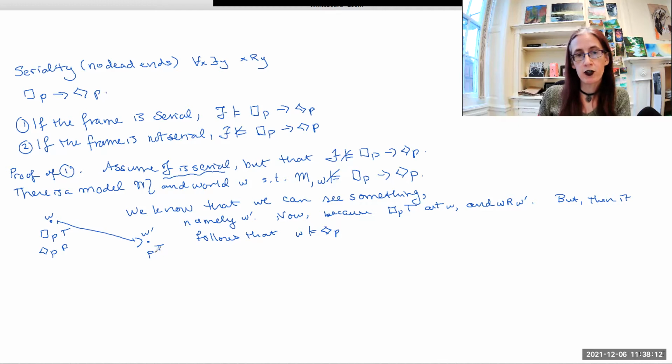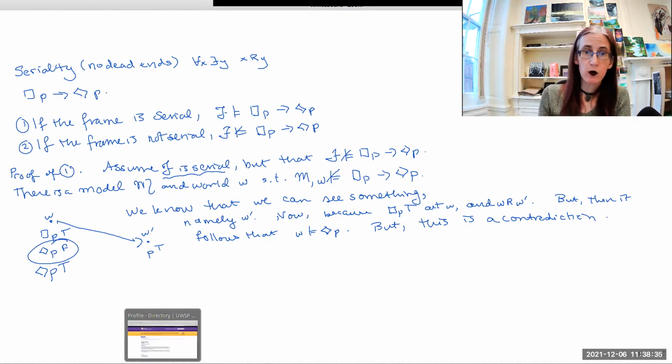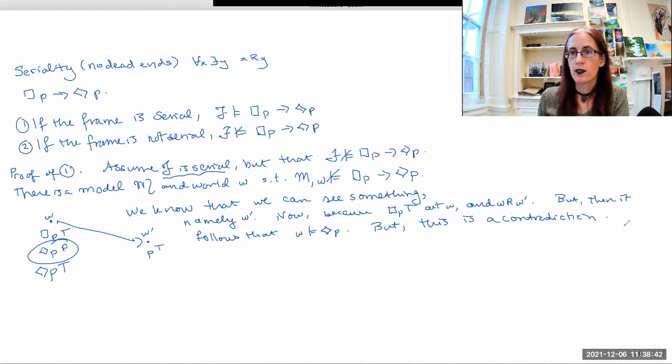So the fact that P is true here and W can see W prime means that possibly P has to be true at W. But this is a contradiction with our assumption that possibly P was false. So assuming we have a serial frame, we try to falsify the axiom necessary P implies possibly P, and we fail. Q.E.D.